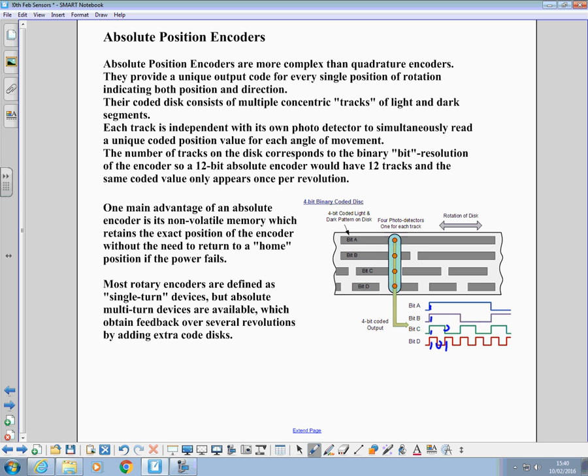Each of those provides a unique code over 12 positions. We've got units, 2s, 4s, 8s, effectively 16 different positions with a 4-bit encoding.